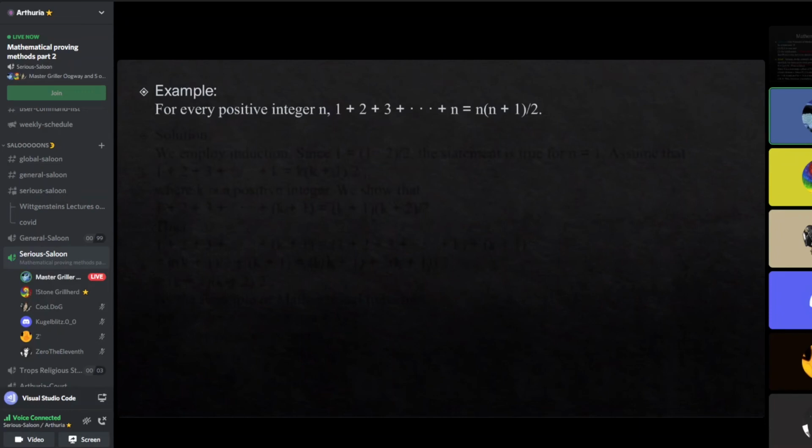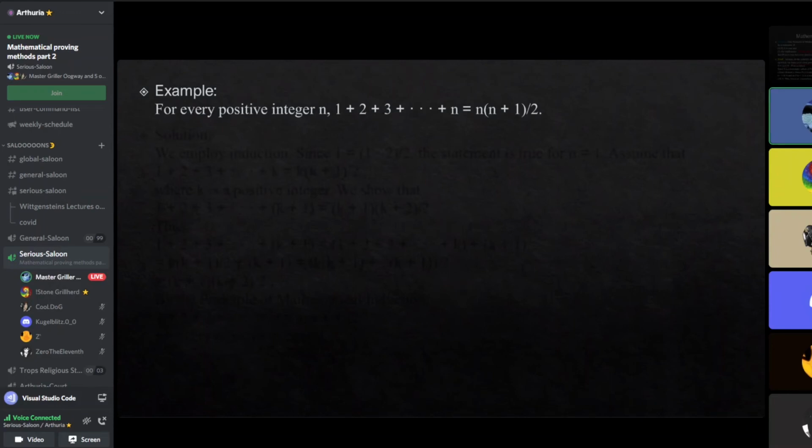We have an equality here, for every positive integer n, such that this equality follows. The left side of the equality is equal to the right side, and we have to show this. The first instinct when you see these kinds of statements, for every positive integer and equalities, is to always think of mathematical induction.